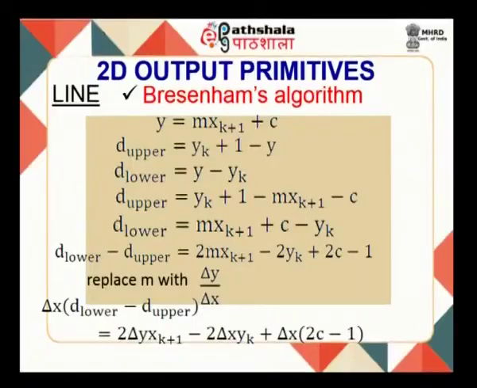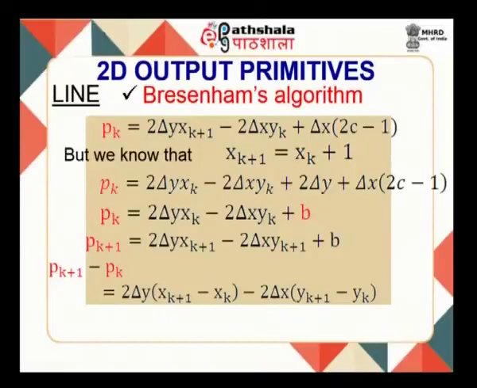So, p k is now called the decision parameter, and p k is nothing but the difference d lower minus d upper multiplied with delta x. Why should we go with delta x? For lines with positive slopes, delta x is positive, and multiplying by a positive value does not affect the sign of the difference.